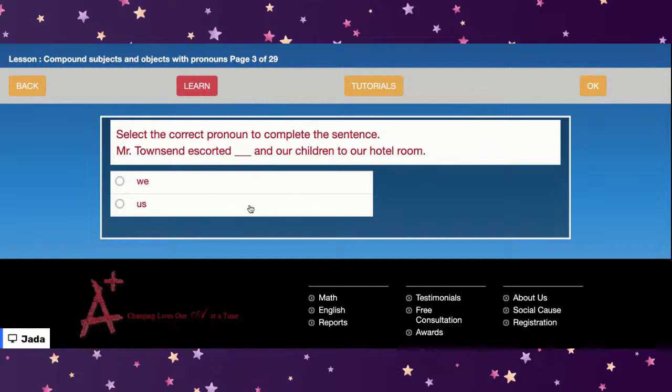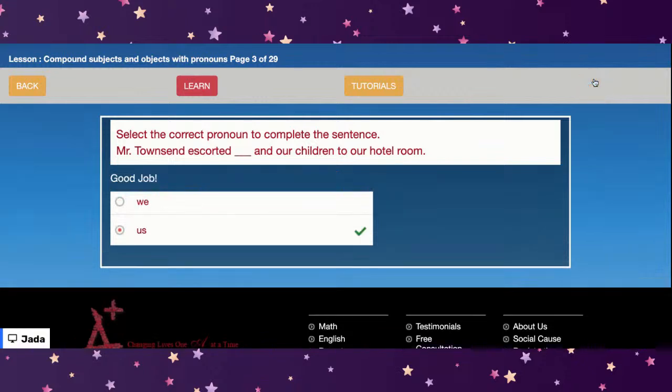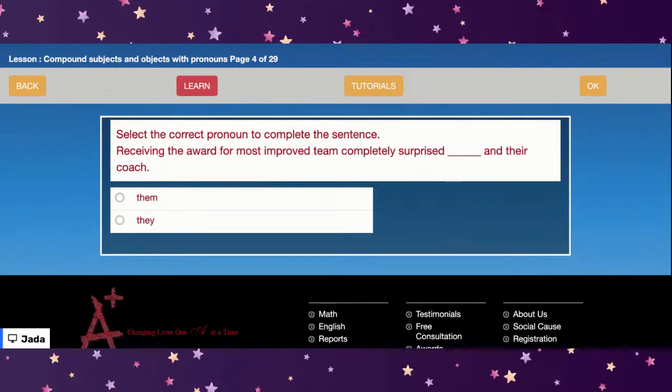So, escorted us and our children to our hotel room. Receiving the award for most improved team completely surprised Dash and their coach. Completely surprised them or they? So, them and their coach.